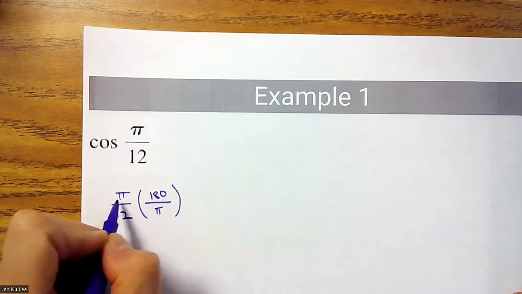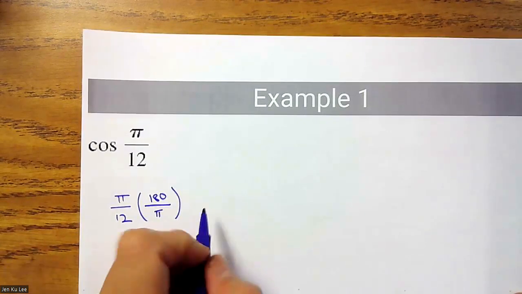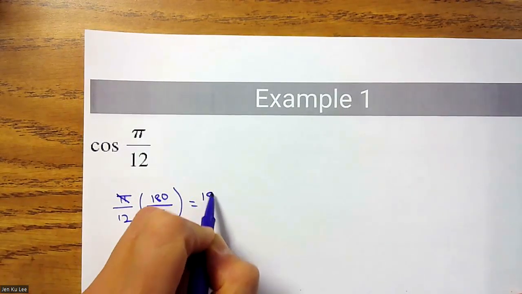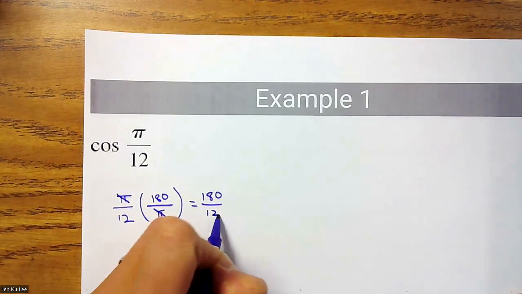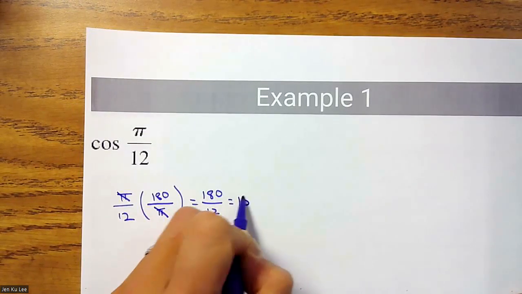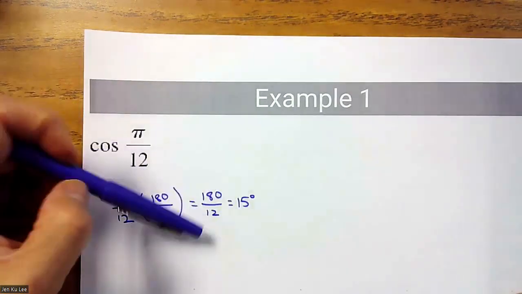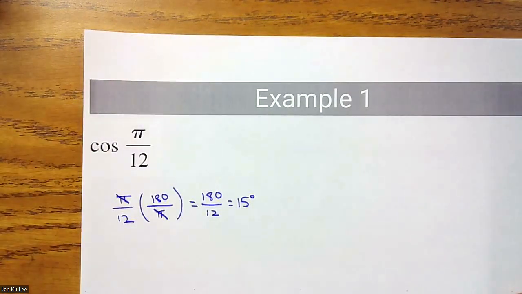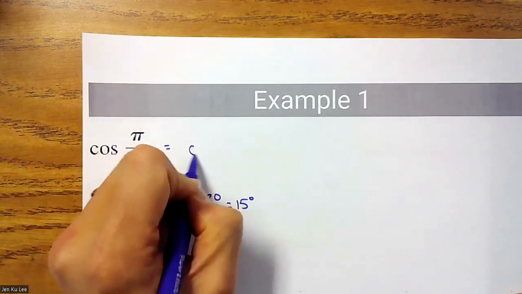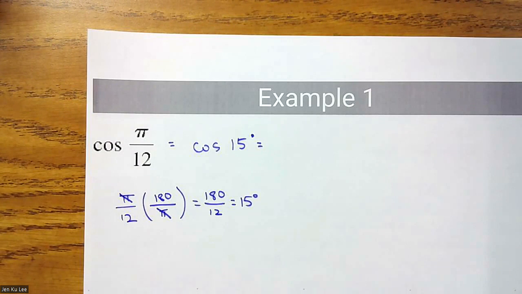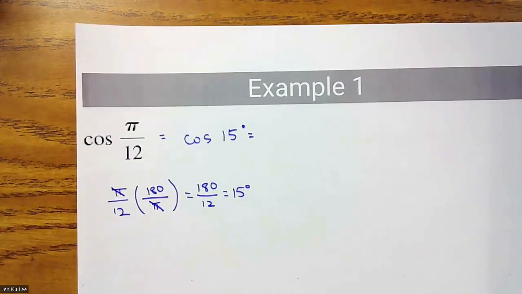Or we could just plug in 180 for pi and get the same thing, because these two cancel out. It's just going to be 180 over 12, which is 15. So now we're getting the cosine of 15 degrees. And that's simpler now. Now we can work with it, right?